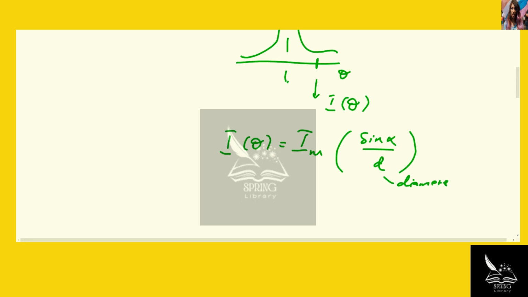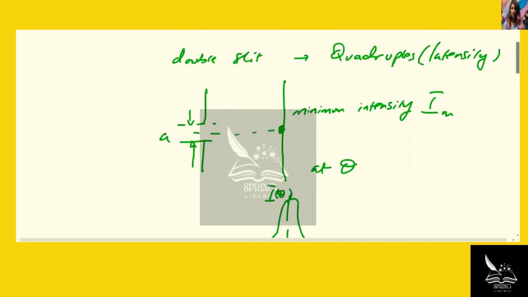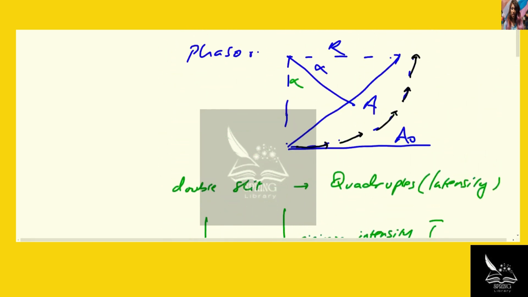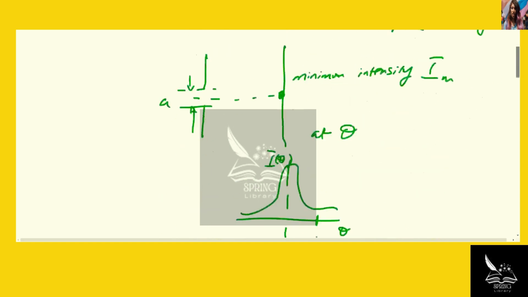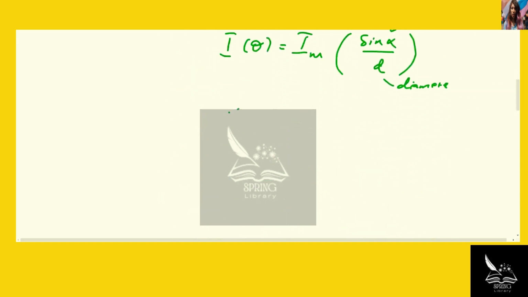Alpha is depicted in this phase angle right here. It's very abstract, and assume that alpha is pi a over lambda times sine theta. Remember, theta is the angle we're dealing with that produces the intensity. A is the slit width, and lambda is the wavelength.